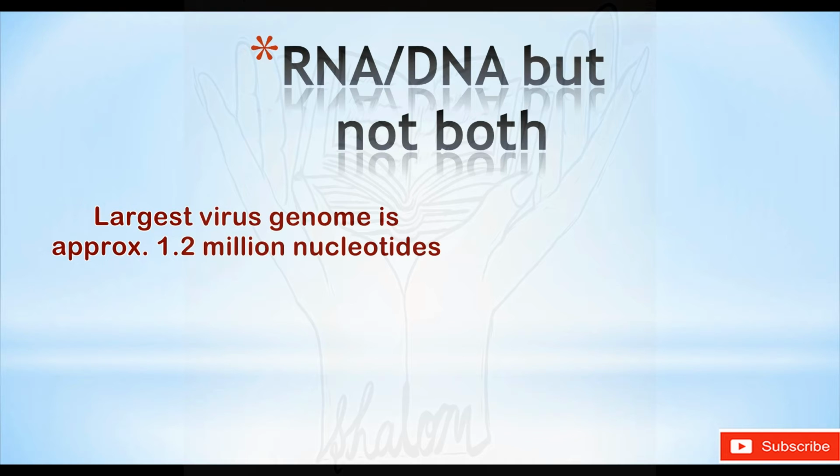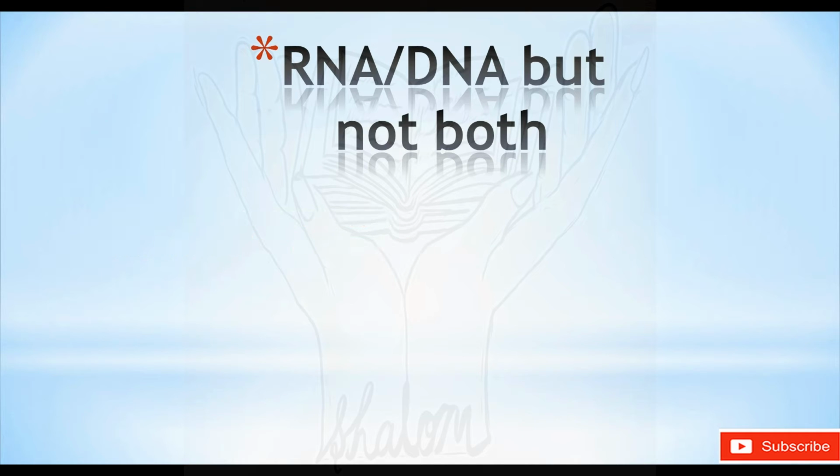The genome of the largest known virus is as large as 1.2 million nucleotides that can code for over 1200 proteins. So viruses are basically either made up of double-stranded DNA or single-stranded RNA, but never both. Some genomes can be circular while others are linear.